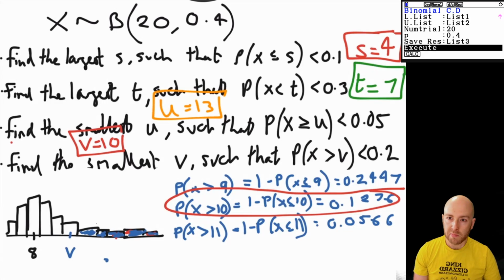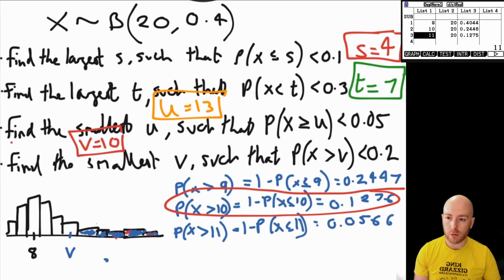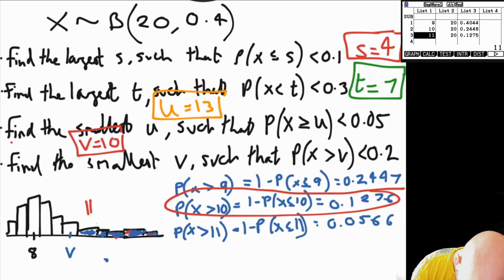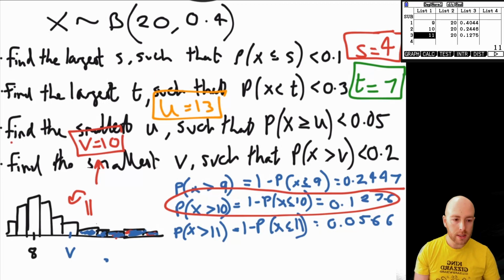Execute. There we go, so we want less than 0.2. Greater than, it's going to be this one, greater than or equal to 11. So think about that, this is 11, this one's going to be one less, so v is 10. Right, hopefully that makes a bit more sense now, guys, because I know some of you found that difficult last lecture.